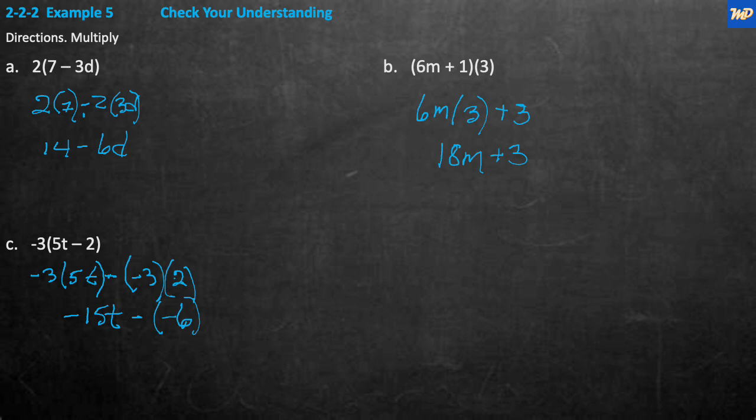I kept these together as a group. Watch, I put a bracket on here. We haven't seen those, huh? Bracket. So those are kept together, and that minus sign we're going to bring in later. Now we bring it in. So now it's minus 15t. Minus times a negative is positive, plus 6. Okay?